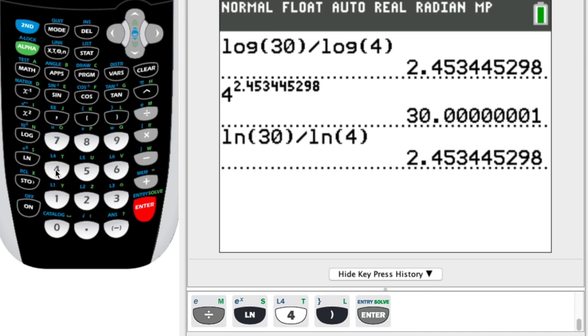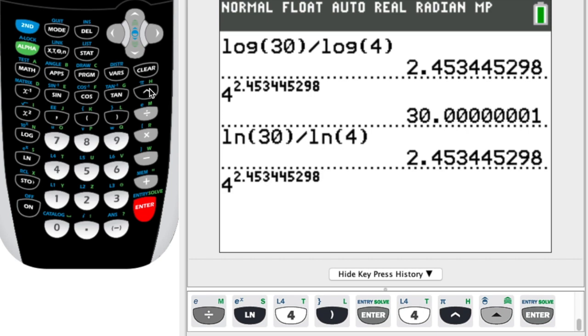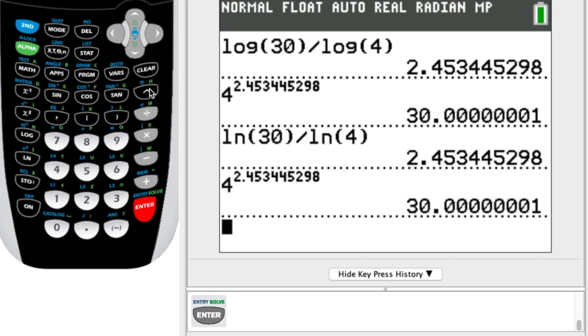So let's just prove it again to ourselves. If I put 4 and raise it to that number and hit enter, I get 30. So there you have it. That's the demonstration of the change of base, actually both in common logarithms and in natural logarithms.